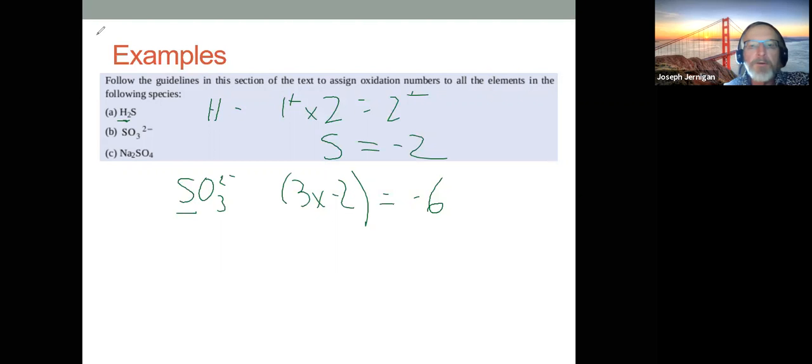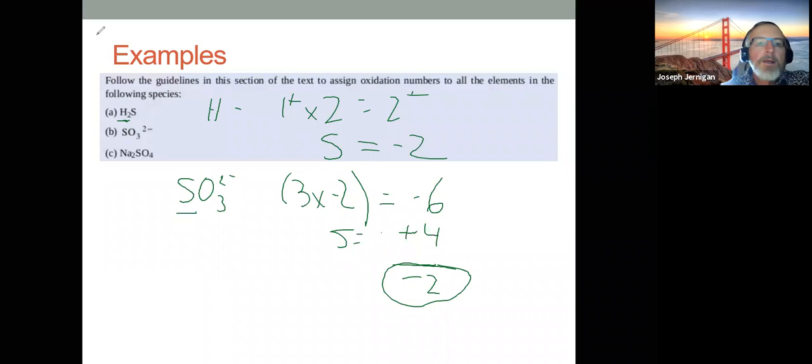We've got 1 sulfur, so by difference, since we have to end up with -2, the sulfur is going to be equal to +4, and that gives us the -2. Okay, everyone see that?